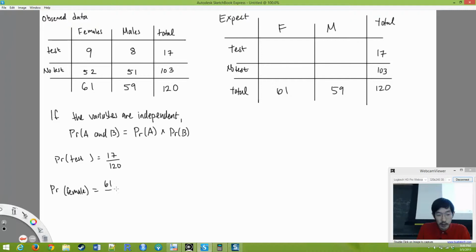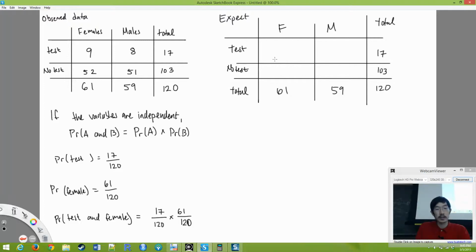So we'd have 61 over 120. So then the probability that someone has taken the test and is female would equal 17 over 120 times 61 over 120.